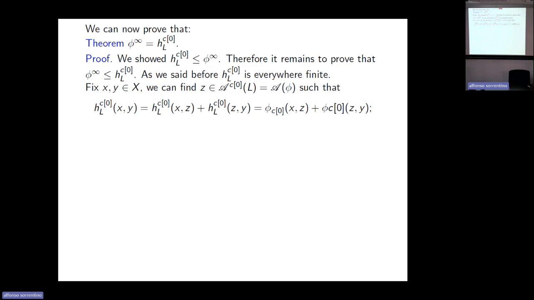So if we fix x and y in X, we can find z in the Aubry set for L, which by the way is the same as the Aubry set of phi, now that we have proved the theorem, such that the Peierls barrier for L from x to y is the same as the sum of the Peierls barrier from x to z, plus from z to y, which is phi C0 of xz plus phi C0 of zy.